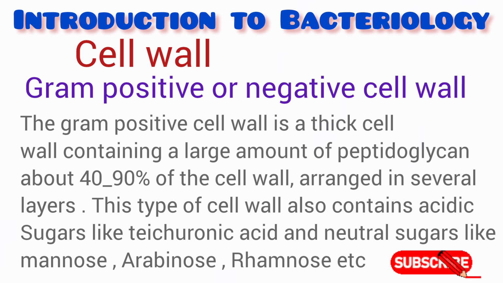This type of cell wall also contains numerous substances. Details of the gram-positive and gram-negative cell wall, as well as details of gram-positive bacteria and gram-negative bacteria, will be discussed in a separate video. In general, if a bacterium possesses a gram-positive cell wall, it is called gram-positive bacteria. And if a bacterium possesses a gram-negative cell wall, it is called gram-negative bacteria.